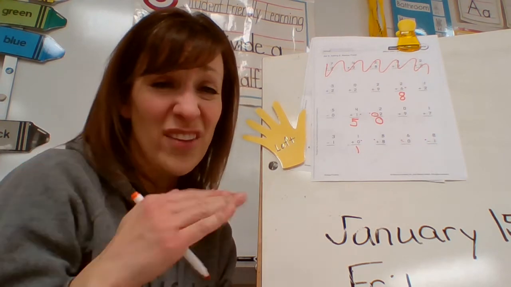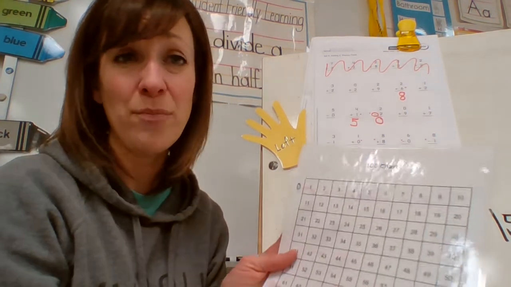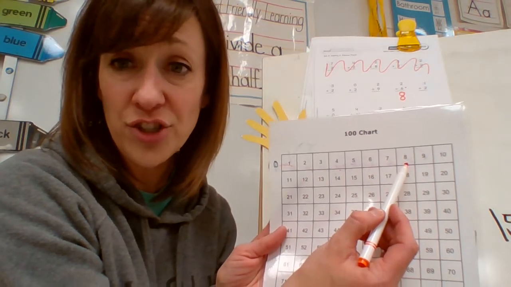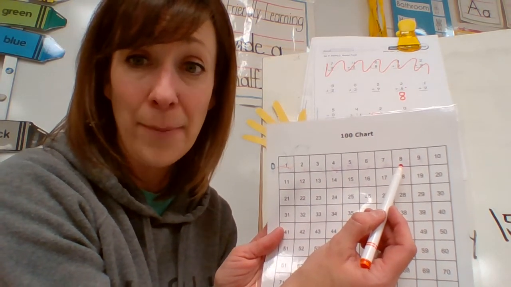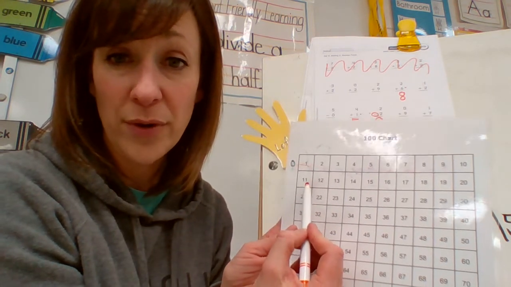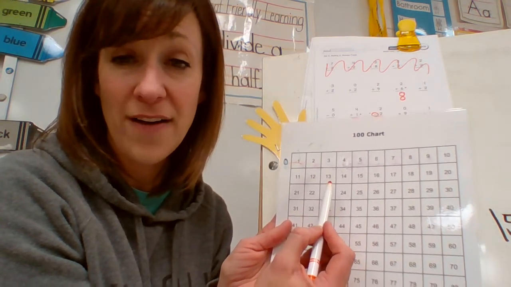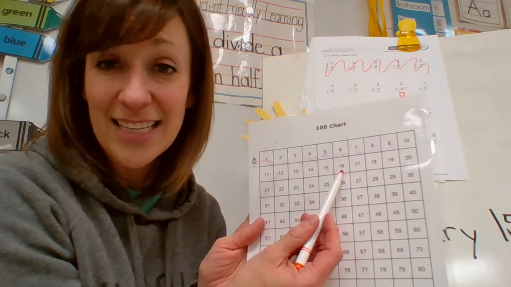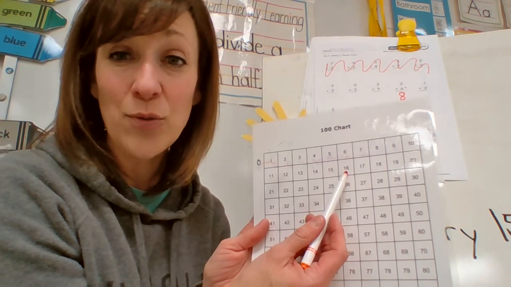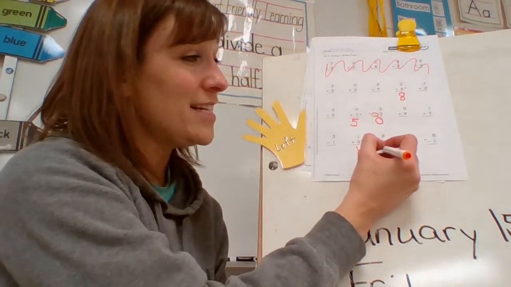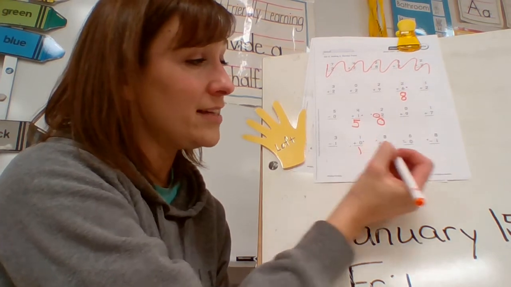If you don't remember, that's okay. We don't do that one every single day. So we can start with our hundreds chart. Here's your 8. Hop 8 spots with me. 1, 2, 3, 4, 5, 6, 7, 8. 8 plus 8 equals 16. Really keen. 16 is a 1 and a 6.